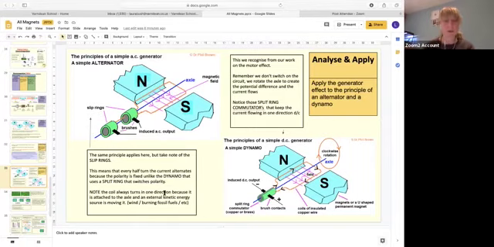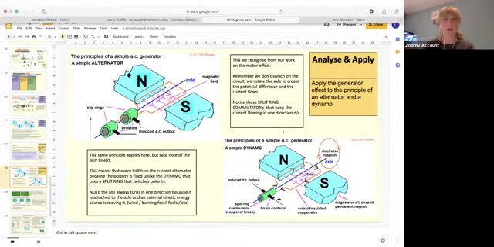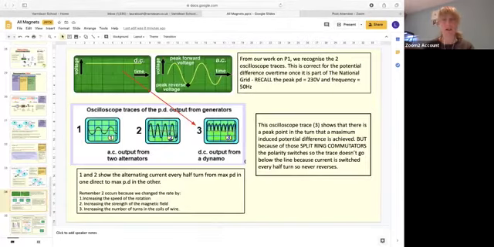The coil always turns in one direction because it is attached to the axle, and the kinetic energy source is moving it. So we always have the coil moving in one direction. Now, if you're going to transfer these into an oscilloscope, in P1 we said that this was a direct current, so the potential difference didn't change over time.